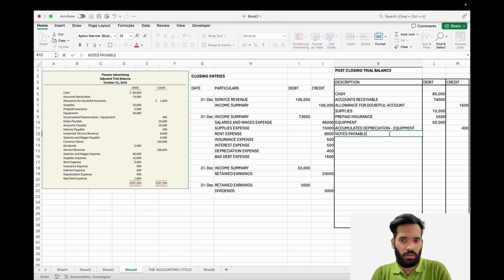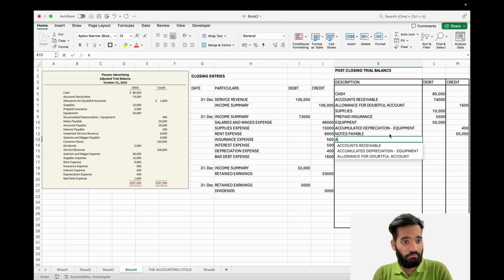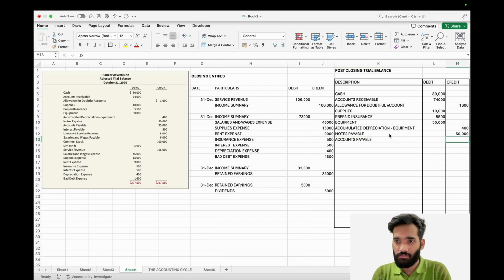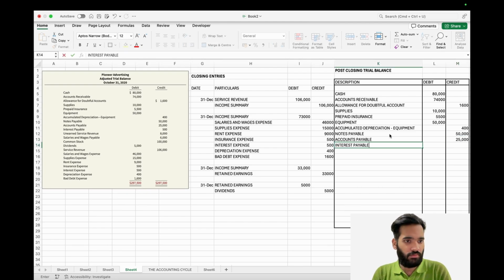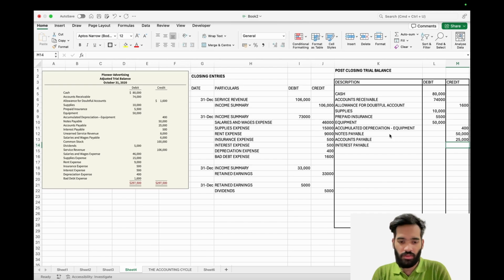So notes payable is 50,000. Okay, accounts payable, it is 25,000. Interest payable 500.